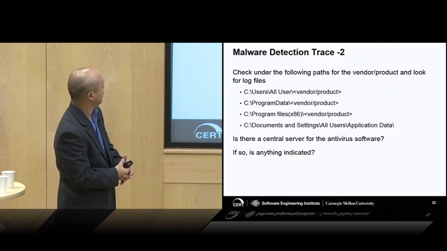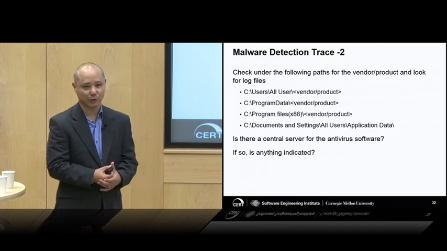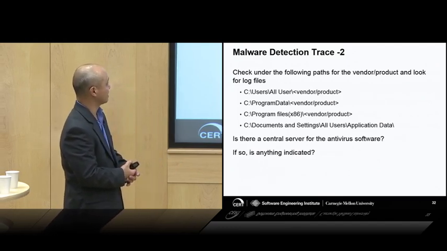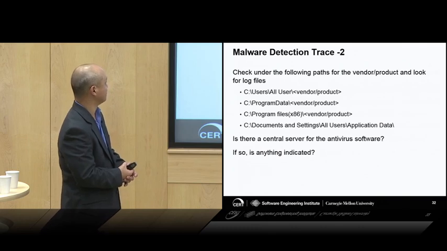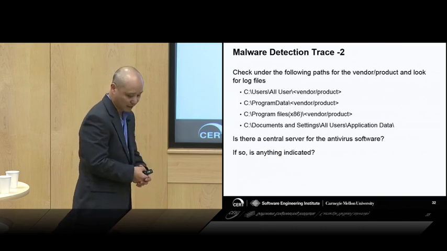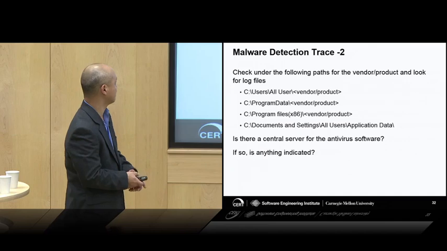But you can look these up online as well if you have a particular server, 2012 or something like that, that you want to go and look for where these things are located. Then again, if there's a central server for the antivirus, then perhaps you can go there instead of to each machine. Hopefully that would be the case.